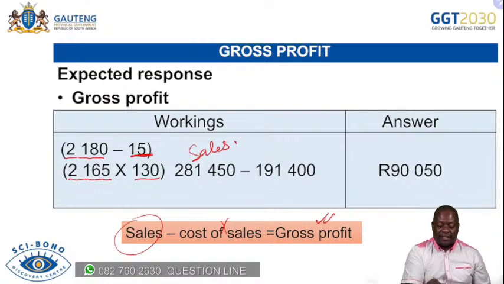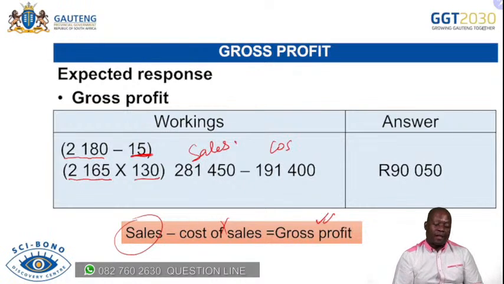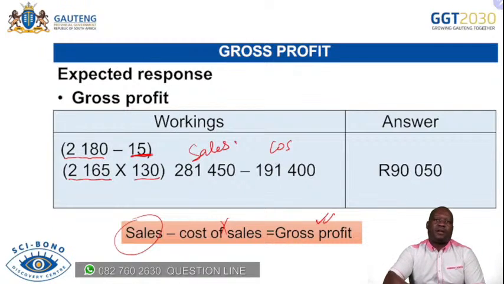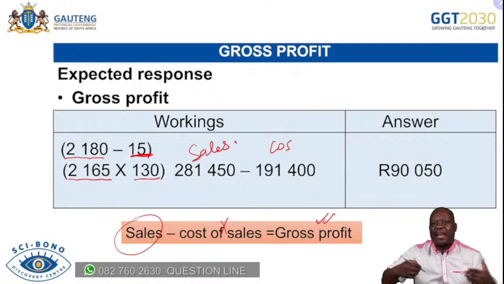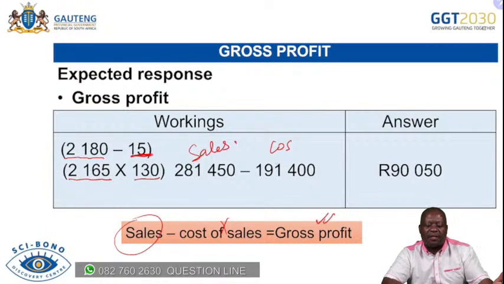The formula says sales minus cost of sales. So it means we need our cost of sales. And where are we getting the cost of sales? From the previous activity, from the previous question. This is a follow-up question. So remember, in accounting, we don't penalize you for a mistake that you have committed previously.